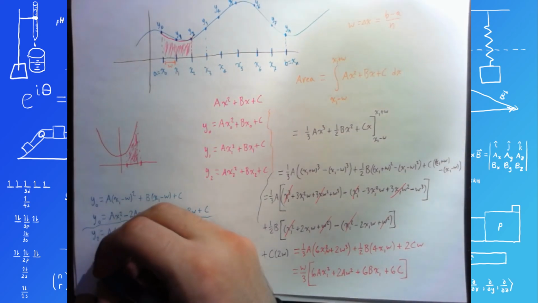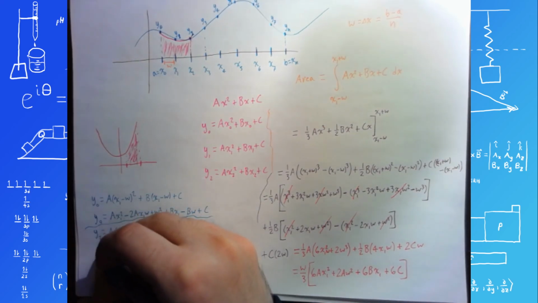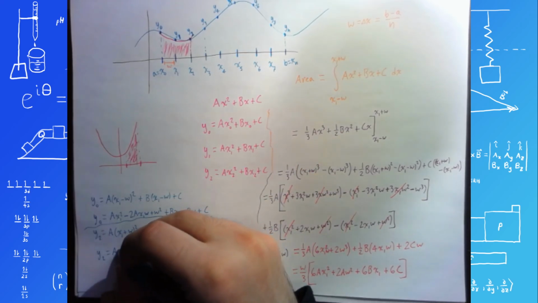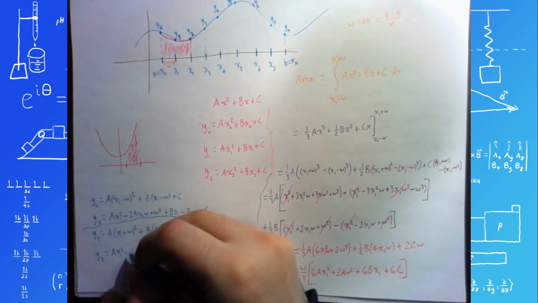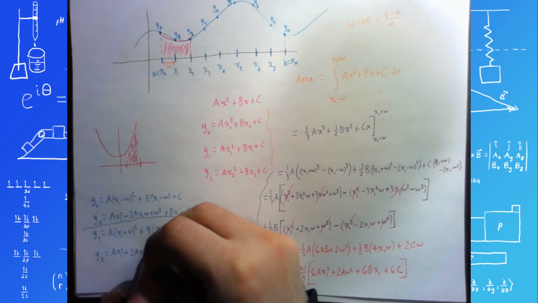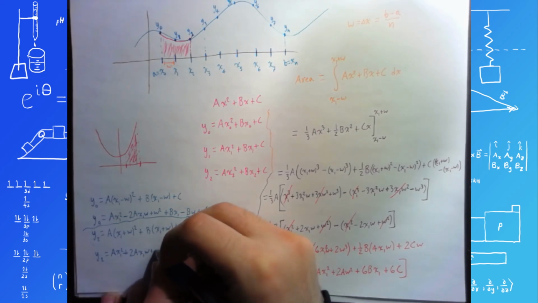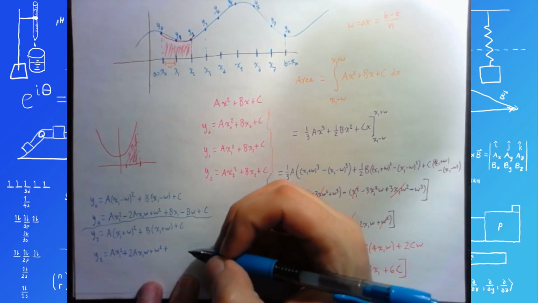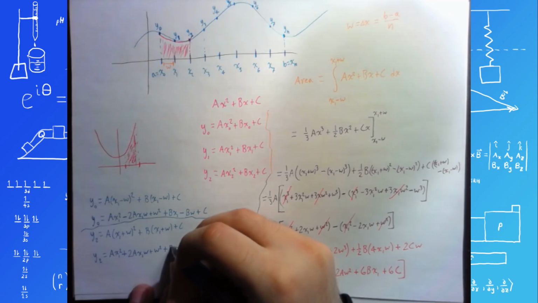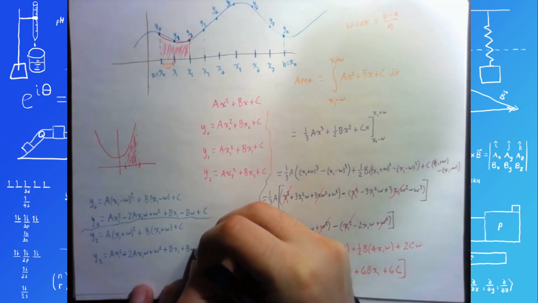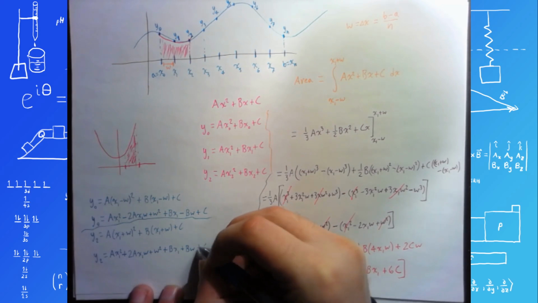And for y2, I get y2 is equal to a x1 squared plus 2a x1w plus w squared plus bx1 plus bw, and then plus c.